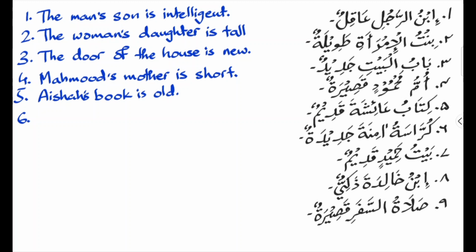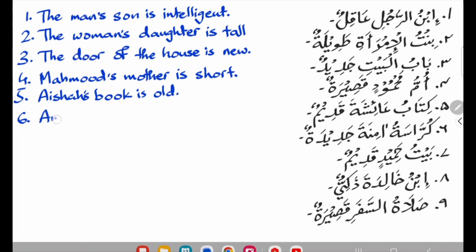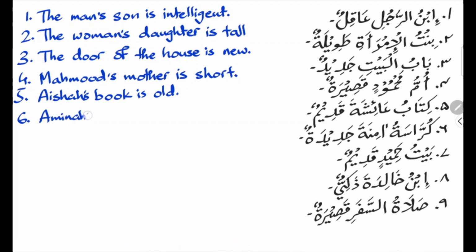Now remember again, Aishata, Aminata, they were actually supposed to be Aminatin and Aishatin, but for a specific reason they do not get kasras. There are a few specific words which do not get kasra, that's why they're getting a fatha and not a kasra. Kurrasatu Aminata Jadidatun. Amina's notebook is new.